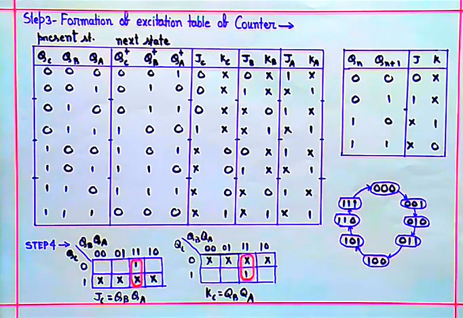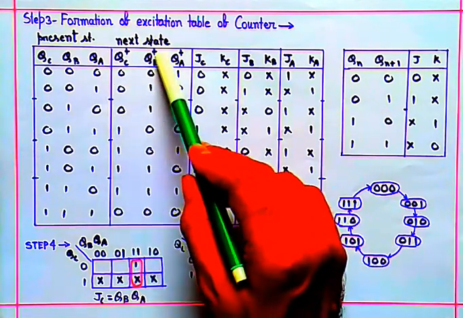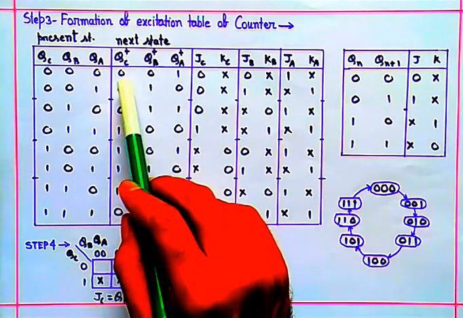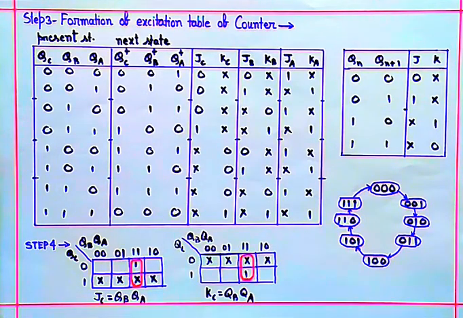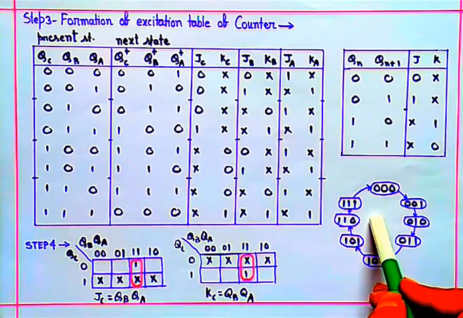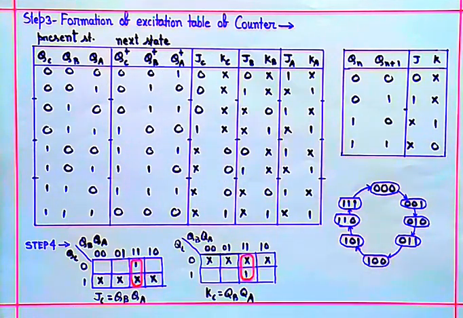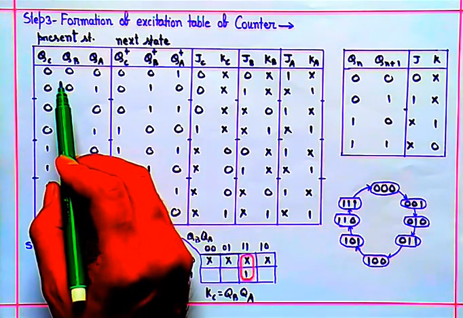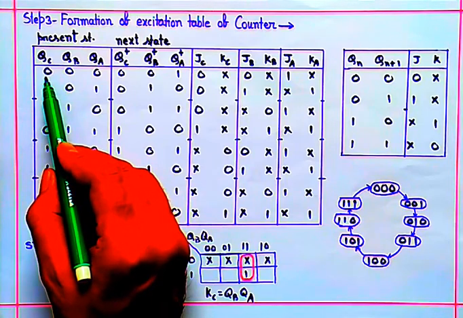Now you have to find out these values. This value is about the next state value, and to find out this value you have to take the help of state diagram. Let's find the next value of 0, 0, 0.